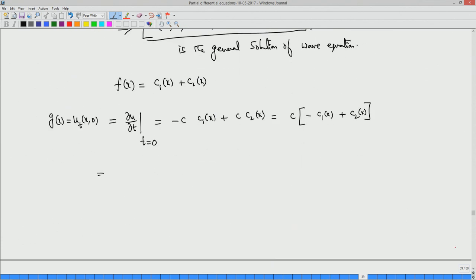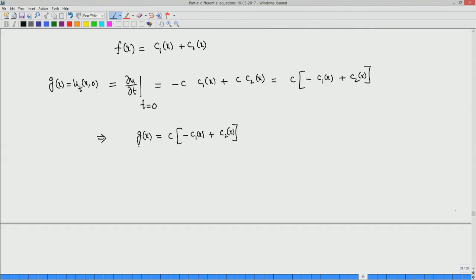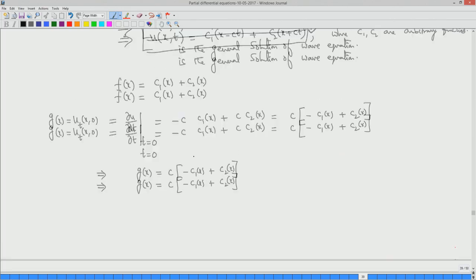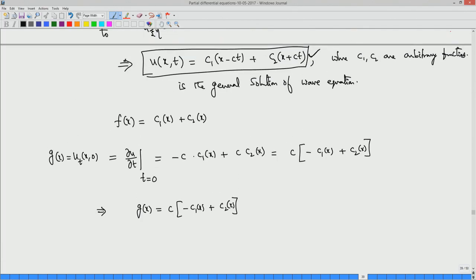So, this implies g(x) equal to c times minus C1(x) plus C2(x). Sorry, so this is not the way, I made a mistake.